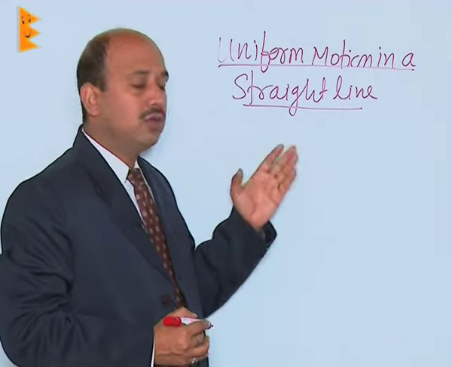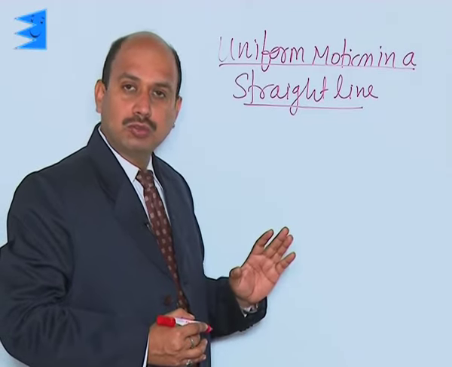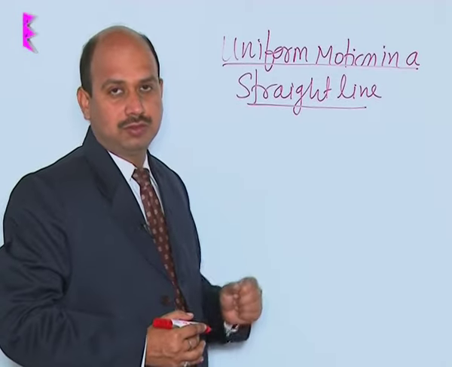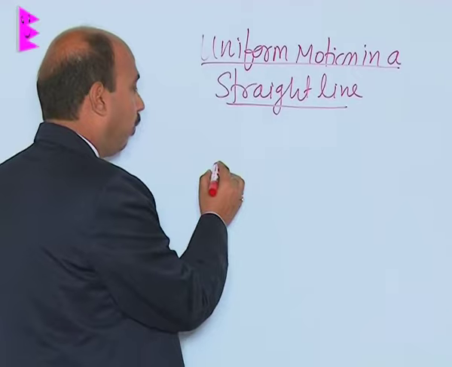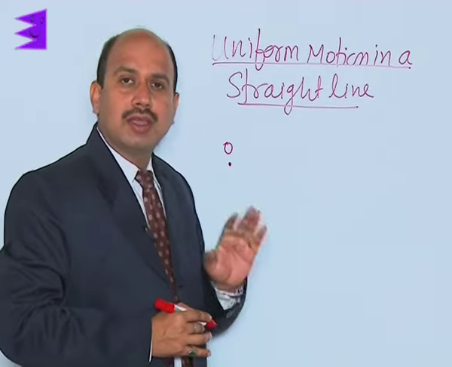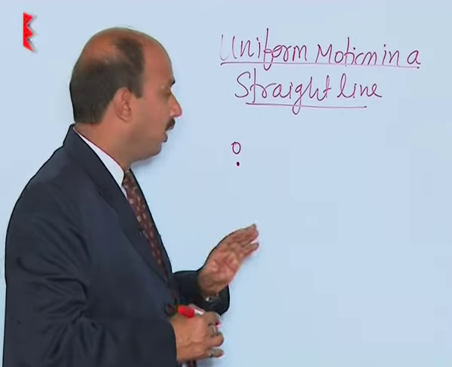In uniform motion, its velocity or speed remains constant throughout the motion, and also average speed is equal to instantaneous speed. Suppose now, take here, this point is origin. From the origin we are starting everything. So, you have chosen origin at the point O, that is a reference point.